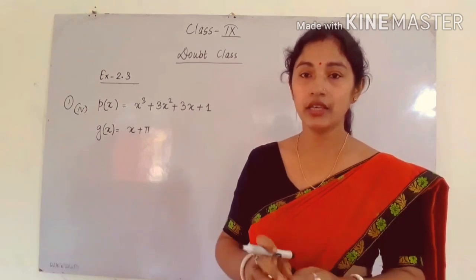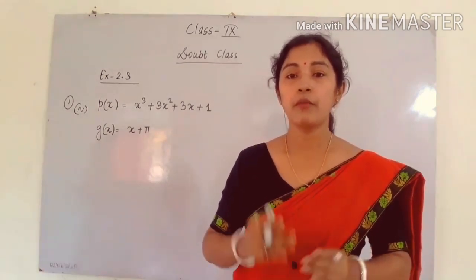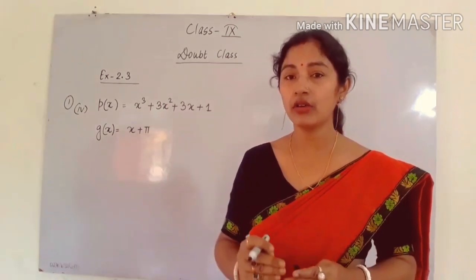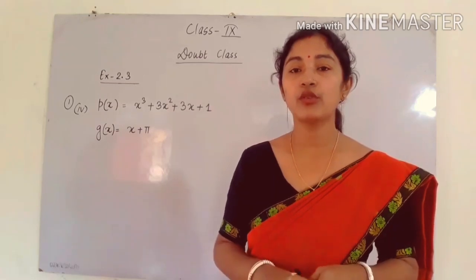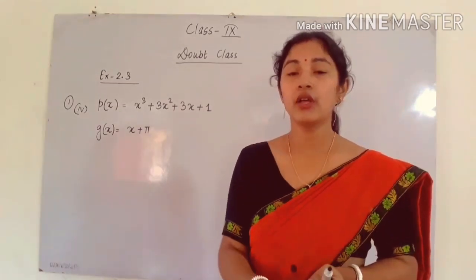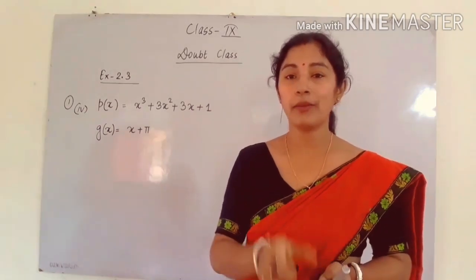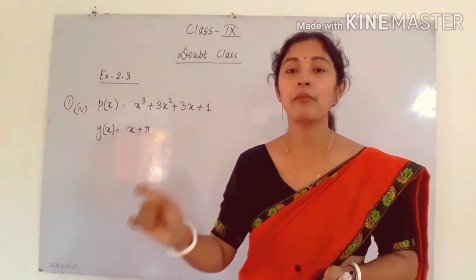So 22 by 7 is a rational number. But when we talk about pi, we have to use one word, that is approximation. The approximate value of 22 by 7 is termed as pi.